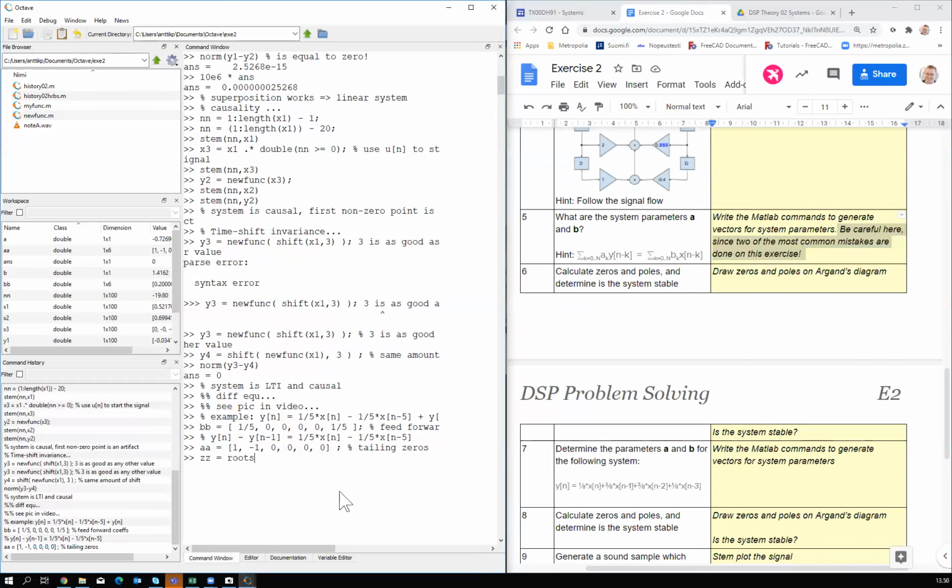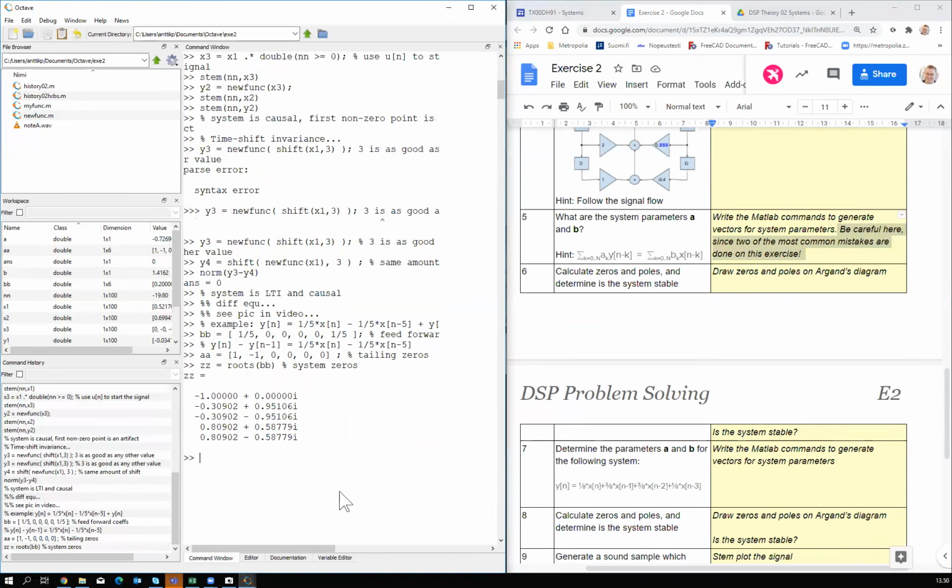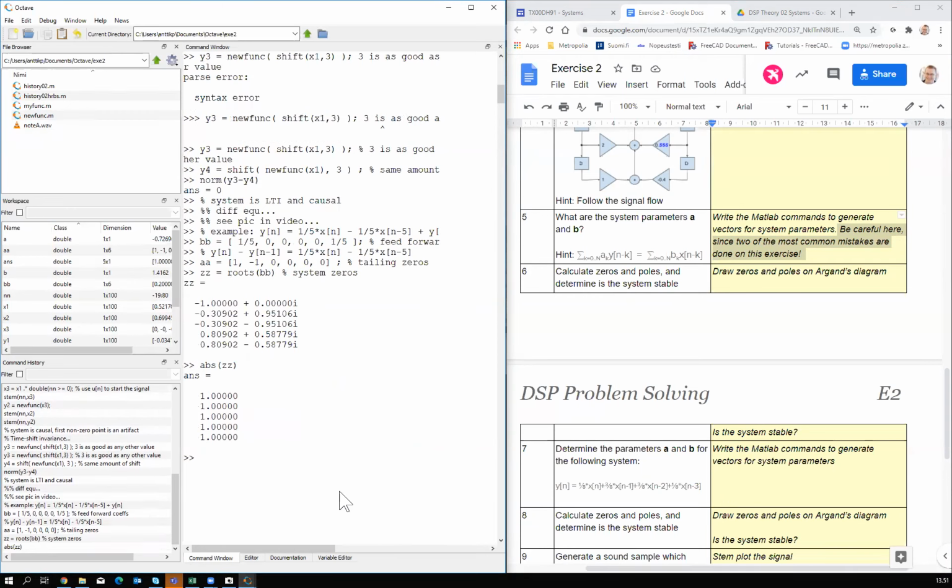Zeros would be roots of the polynomial defined by B. Wow, that is easy. So these are the system zeros, and they can be anywhere. And as you can see, they're complex numbers. And if I calculate the absolute value of those, they are all on the unit circle.